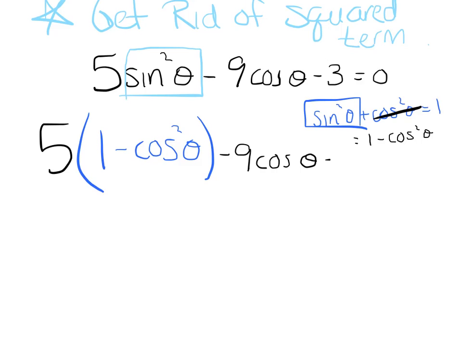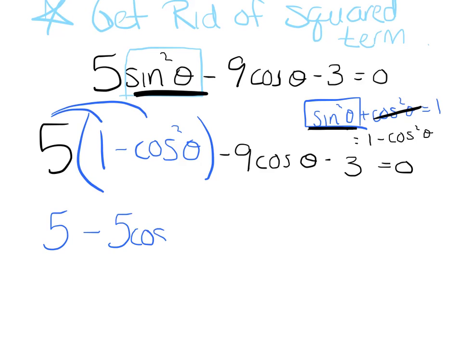Now, is that legal? Well, of course, because they're equivalent to each other. Sine squared theta came from one of the identities, the godfather rule. I solved for sine squared theta and substituted it in. Now, just common sense, let's take that 5 and distribute it. 5 minus 5 cosine squared theta minus 9 cos theta minus 3 equals 0.